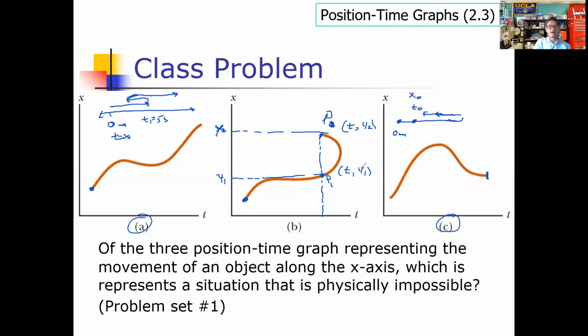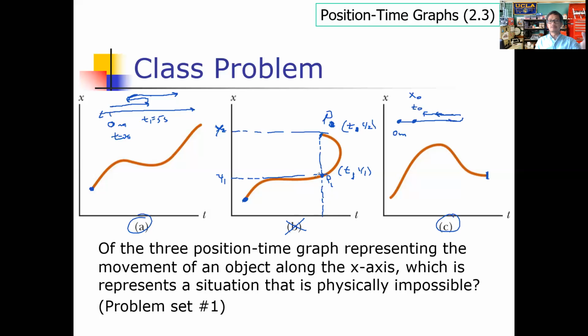They both have the same time coordinate. So what is that saying? It's saying that this object at a moment in time is at two different positions. The same object at the same time in two different positions, folks, is not physically possible. That's why this graph cannot be correct: it shows an object in two different positions at the same time.